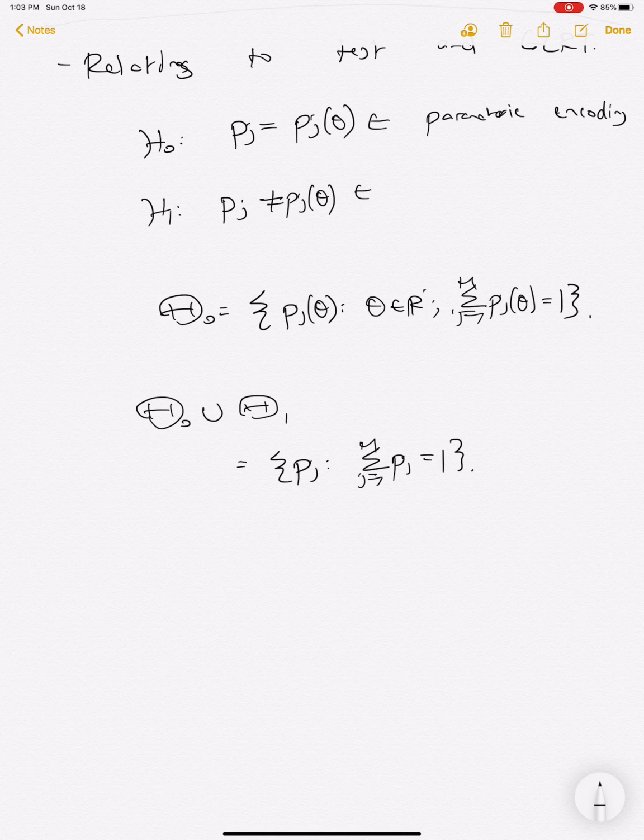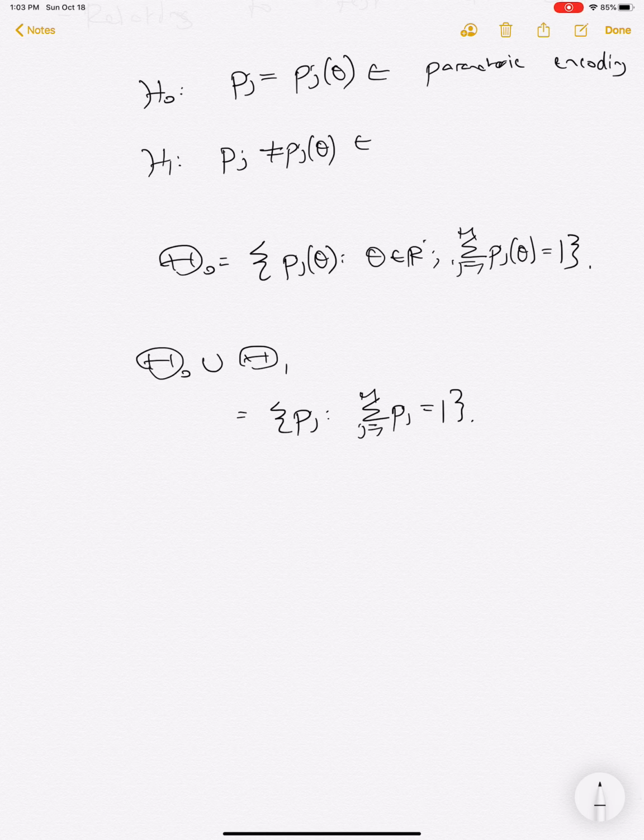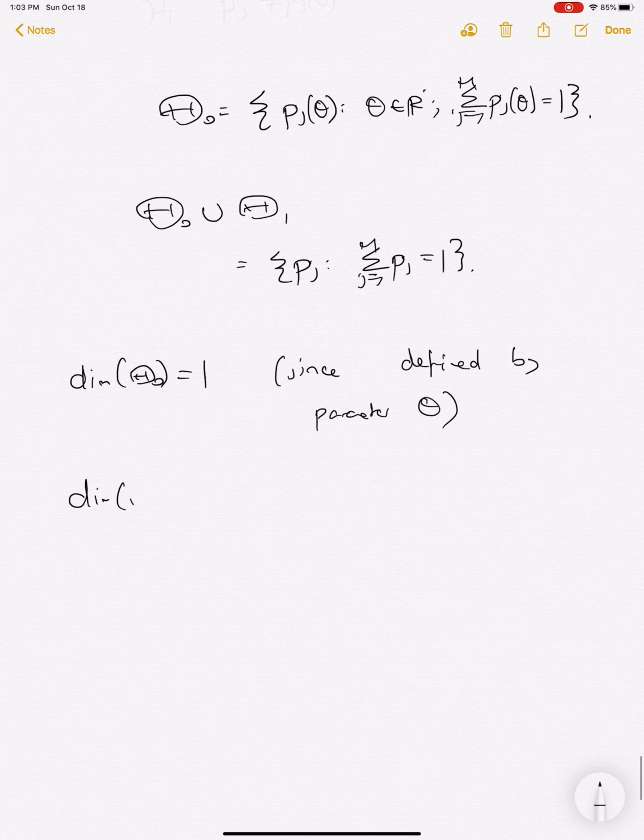And so in the last 5 minutes or so, one thing to note here is that the dimension of theta 0 is equal to 1 since it is defined by one parameter theta. And then the dimension of theta 0 union theta 1 is actually equal to m minus 1, since we have parameters p1, p2 up to pm.